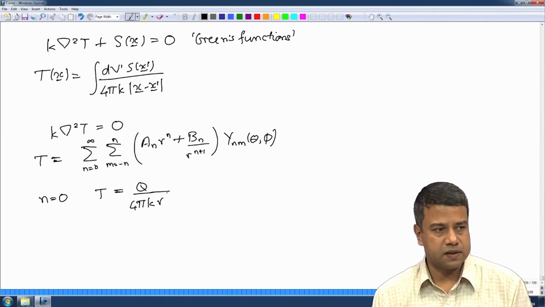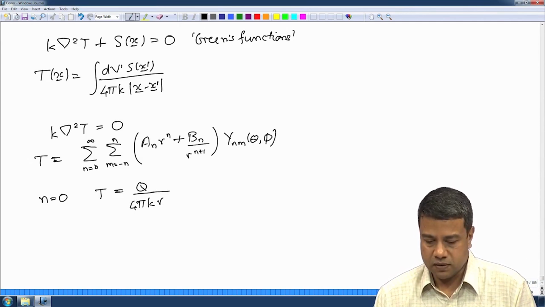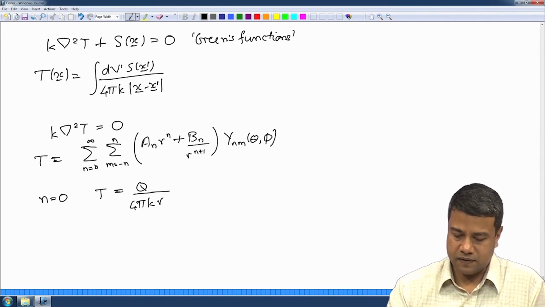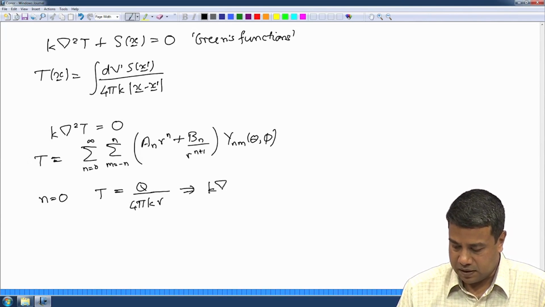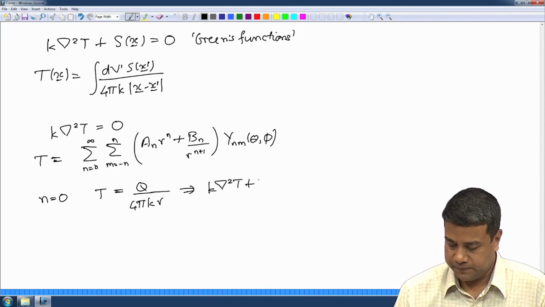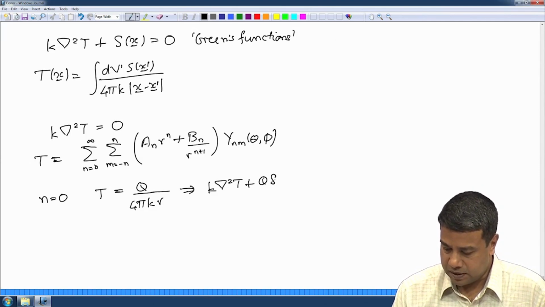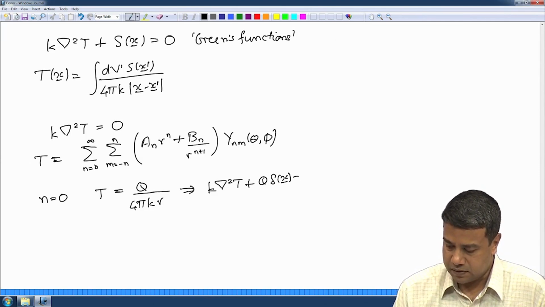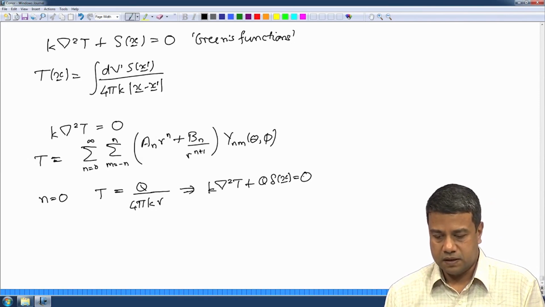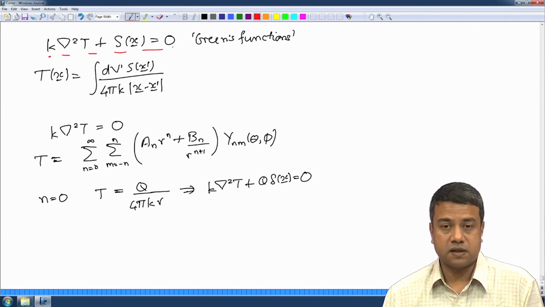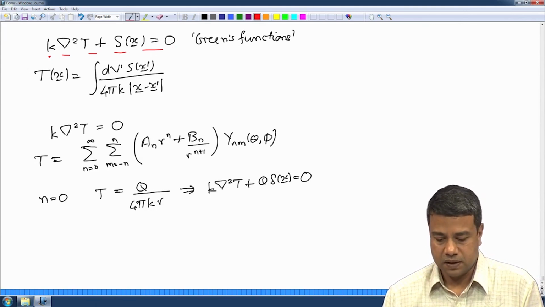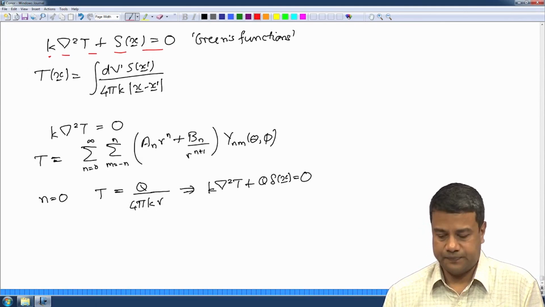For n is equal to 0, the solution is the same that I got for this delta function. So, this is the solution for k del square T plus Q delta of x is equal to 0. A specialized form of this more general equation that corresponded to n is equal to 0, in which case m was equal to 0.